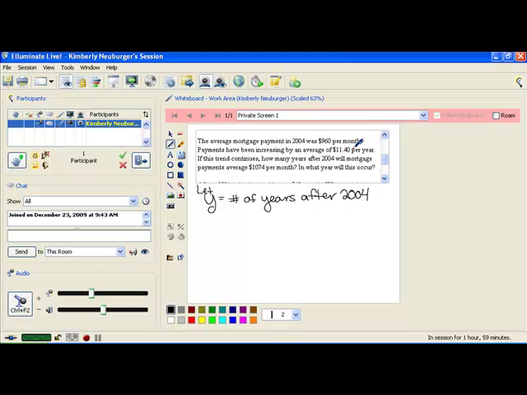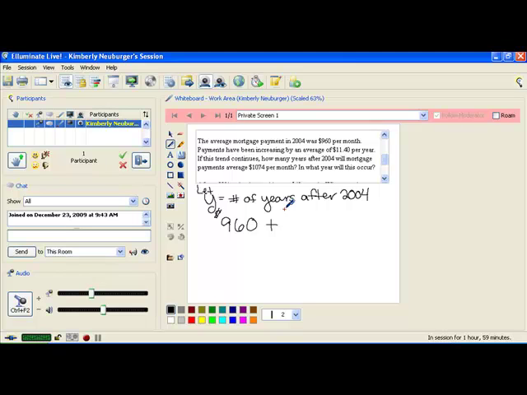So your first year, you're going to have $960 for a payment. Then the next year, you're going to have $11.40 more, and then the next year, another $11.40 more. So each year, y, you're going to add another $11.40.